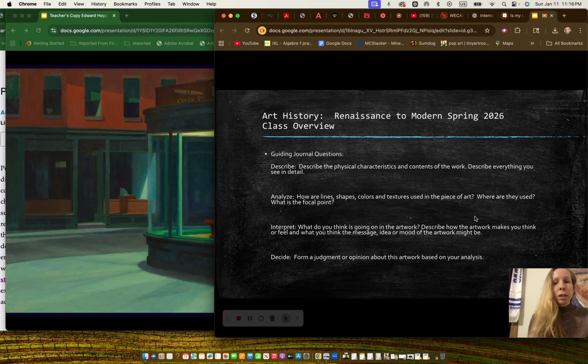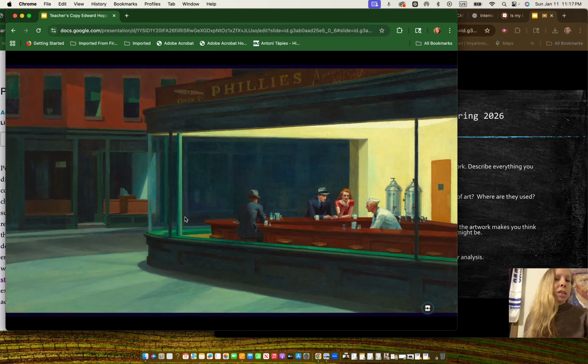So, by looking at things, what do you think the artist's intent is, and what makes you feel that way? What is the message or mood? And I think this is just a very common scene from American life at night. Edward Hopper, he did capture a lot of these quiet moments. It's just a quiet moment late at night, like these little moments that you find.